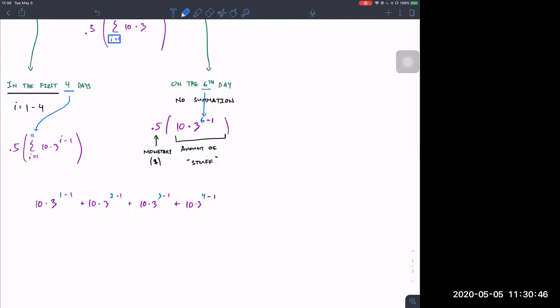And again, the easiest way to calculate this is 1 at a time, right? This is 10 times 3 to the 0, which is 10. Then 30, this should be 90, this should be 270. 3 times 3 is 9, 9 times 3 is 27, okay, no typos there.